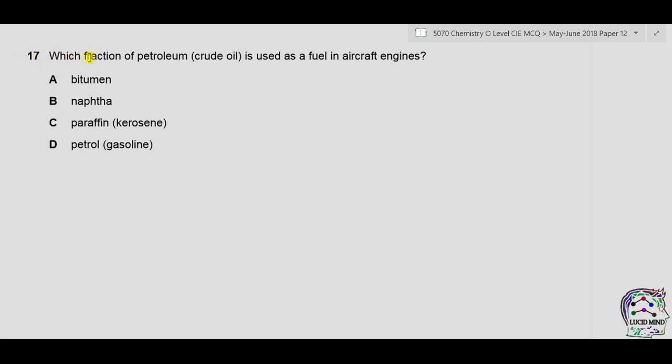Question 17. Which fraction of petroleum, which is crude oil, is used as a fuel in aircraft engines? We have different fractions. First one is bitumen. Now bitumen is used for road surfacing. Part B is naphtha. Naphtha is used as feedstock for chemicals.